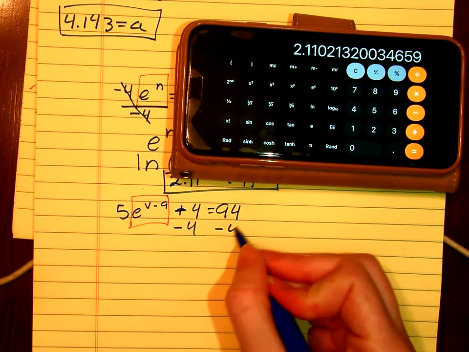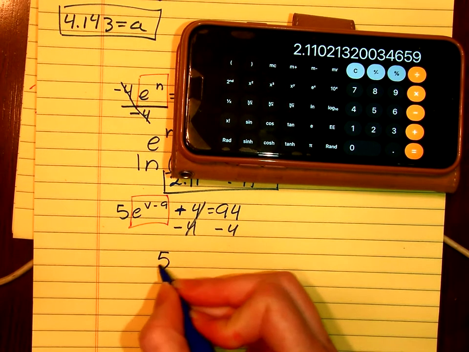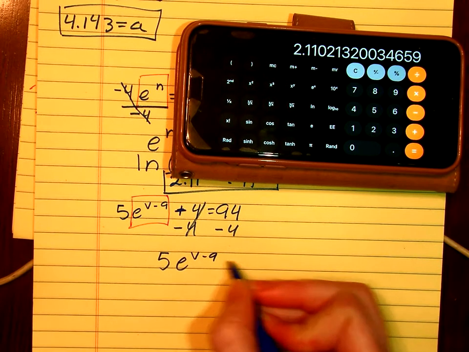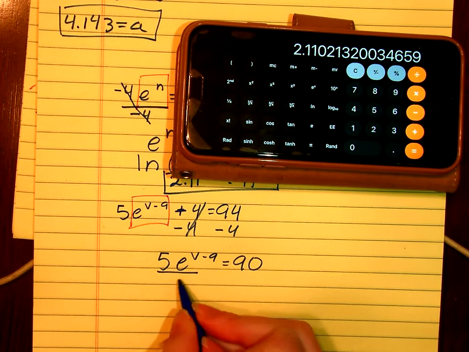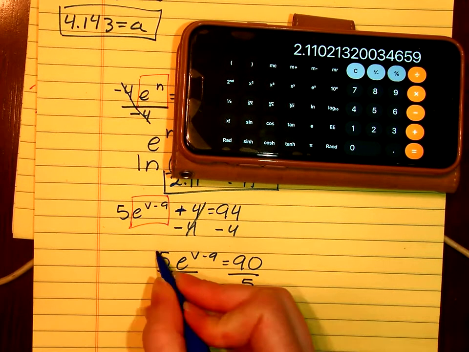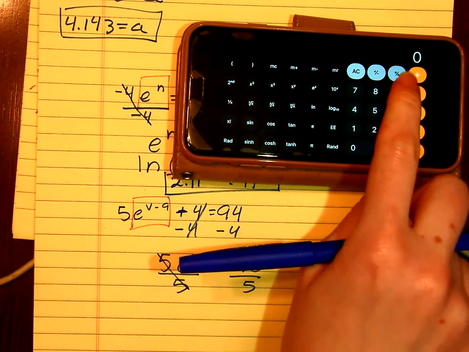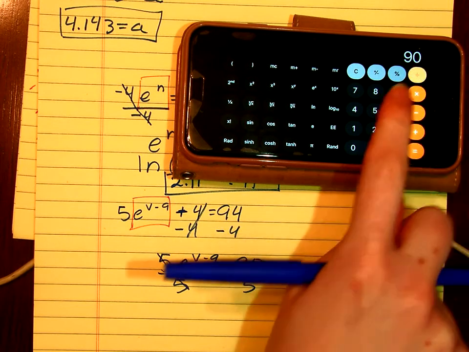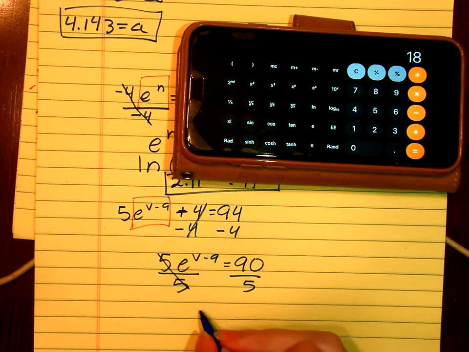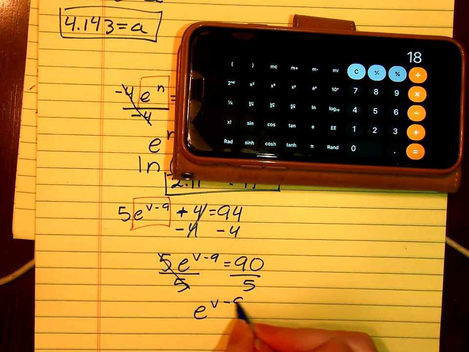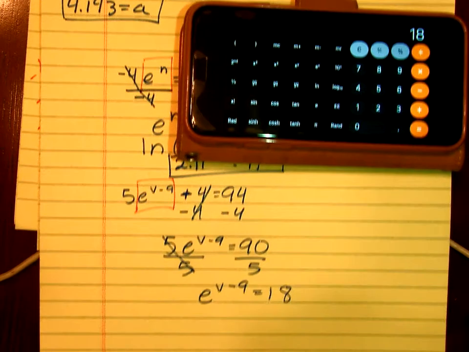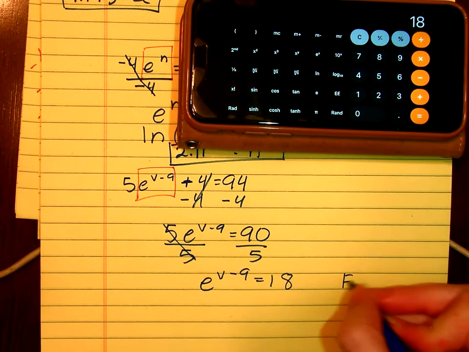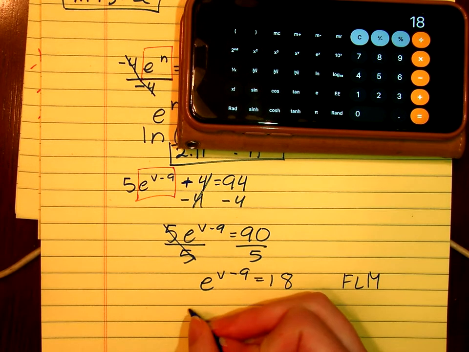So I subtract 4, I get 5e to the v minus 9 equals 90. Then we have to undo that multiplication, so divide by 5. 90 divided by 5 gives me 18, so I get e to the v minus 9 equals 18. Now is e by itself? Absolutely. Now we can go ahead and first, last, middle.